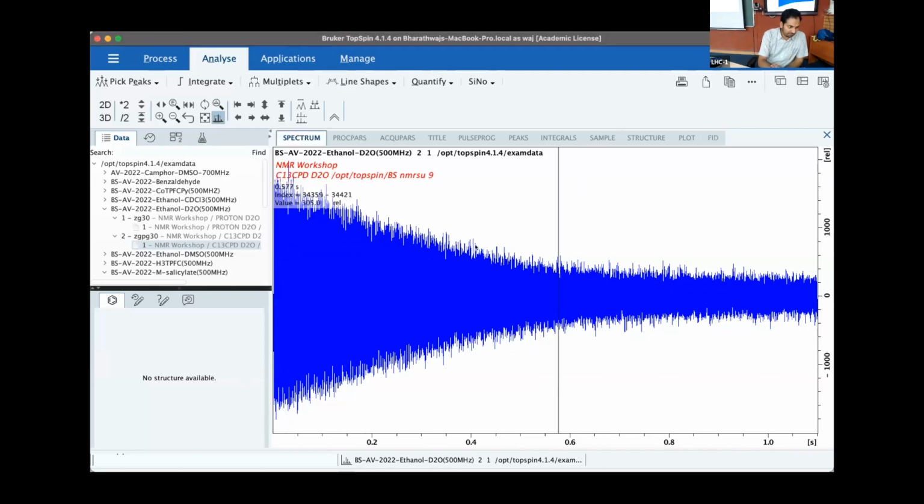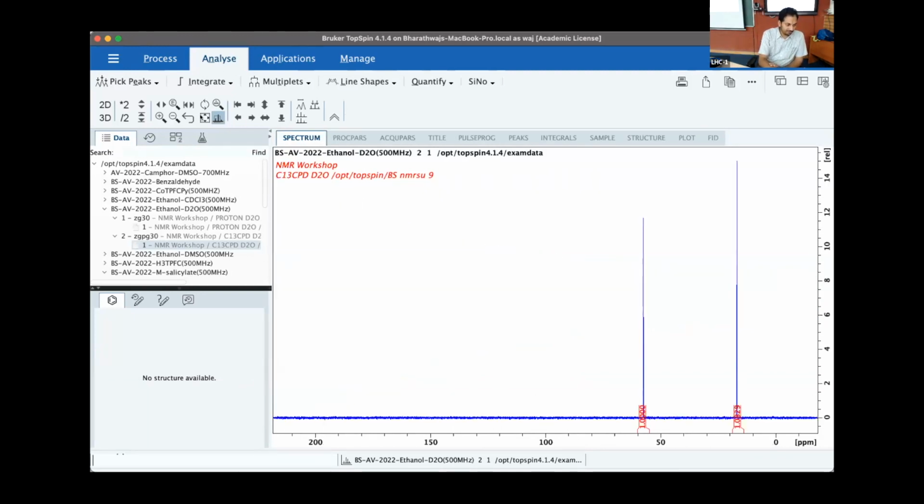So let's look at some of the parameters that were set. Let's go to the spectrum first. On the x-axis, you see the spectral width. When I move the cursor, you'll also be able to see on the top left what chemical shift I'm pointing at.